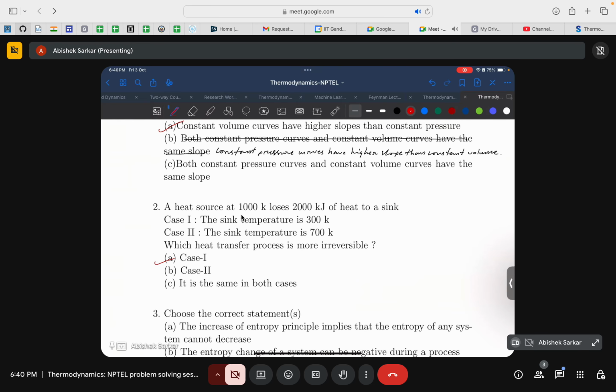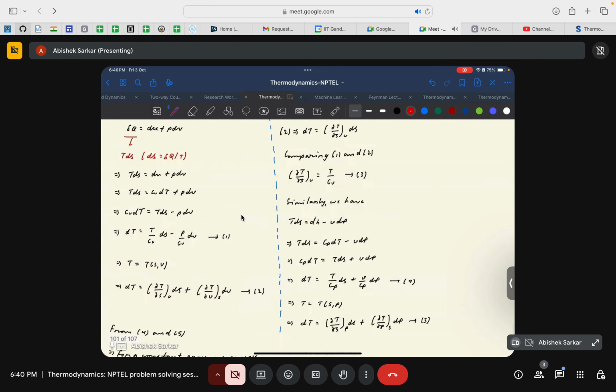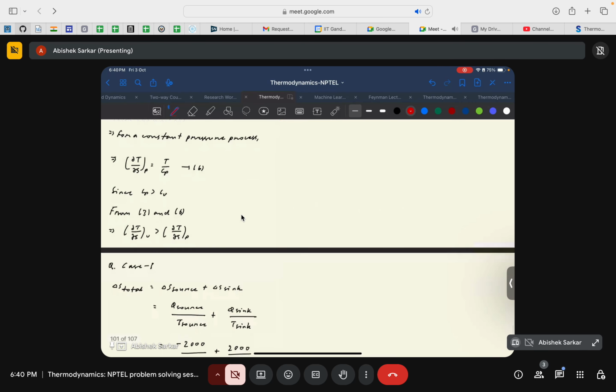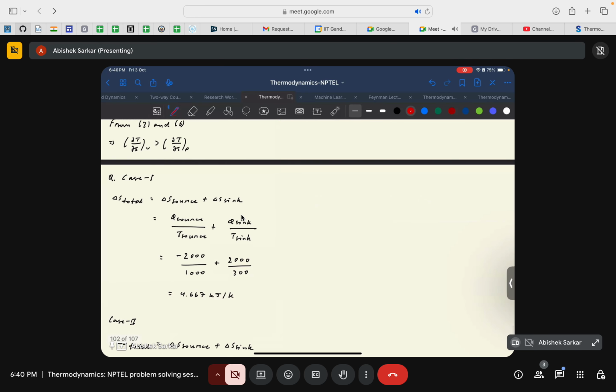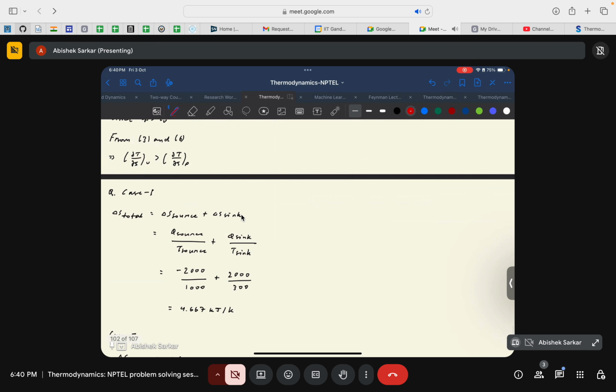For that we need to look at the net change in the entropy of the universe. In that case, our universe would be composed of the source and the sink, because these are two systems that are interacting with each other. So for case 1, the total change in the entropy is given by delta S source plus delta S sink. So we have Q source divided by T source plus Q sink divided by T sink.